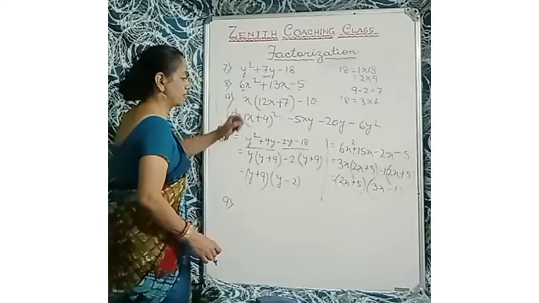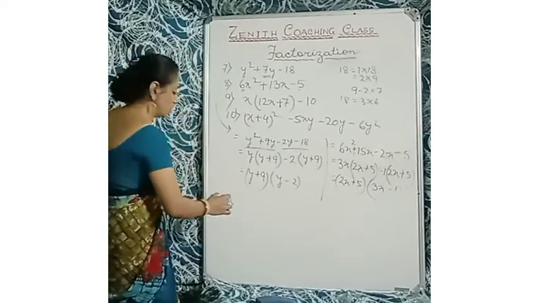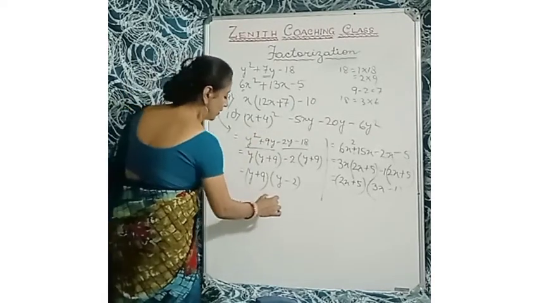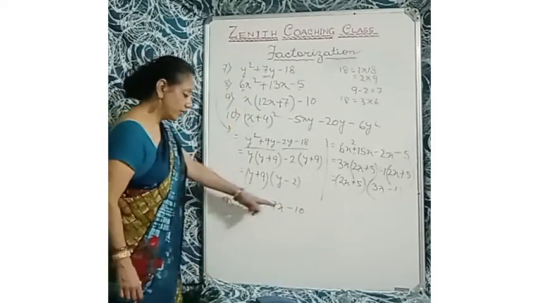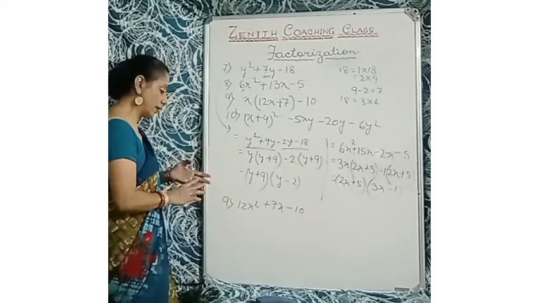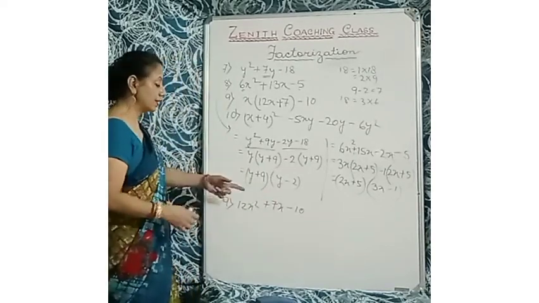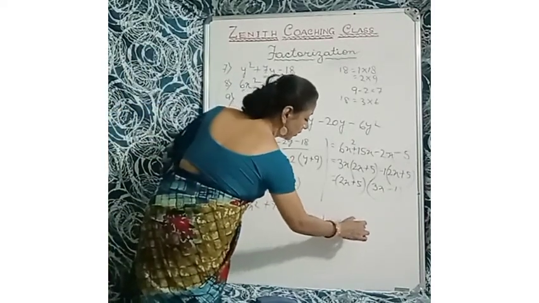Here the common factor is x. So first just take out the bracket. So 12x square plus 7x minus 10. Here there is 1 minus, so you have to take 2 plus and 2 minus. So 12 tens are 120. You have to get 7.